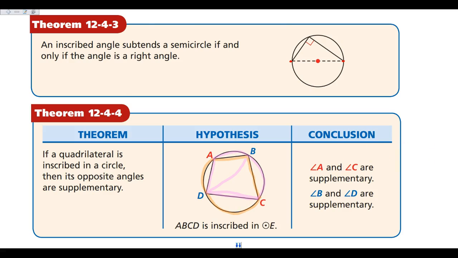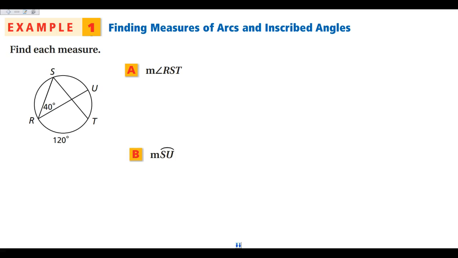All right, so let's take a look at some of that in practice. I want to find the measure of angle RST. So RST is this angle right here. Okay, it hits this arc.